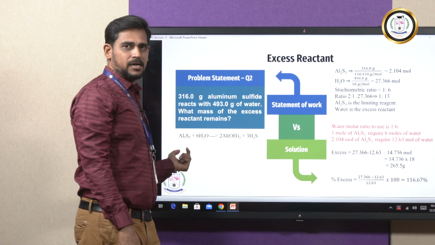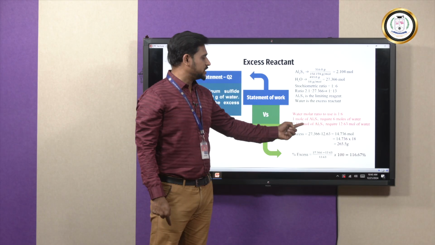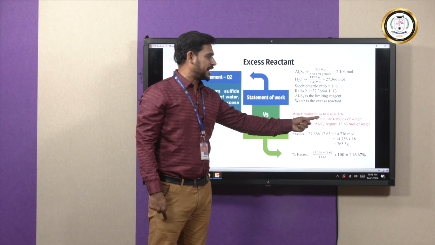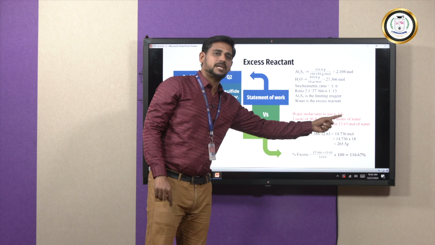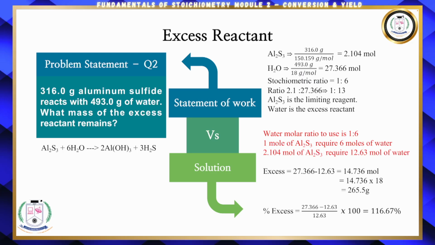For 1 mole of Al2S3, 6 moles of water is required. That means 2.104 moles of Al2S3 requires 12.63 moles of water only. But we fed 27.366. So the excess is 27.366 minus the actual requirement 12.63, that is equal to 14.736 moles.